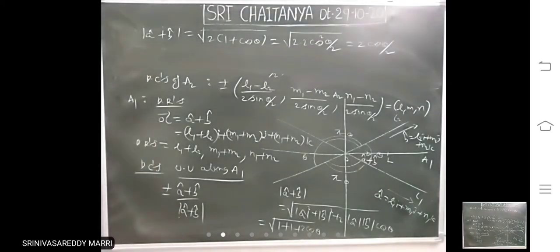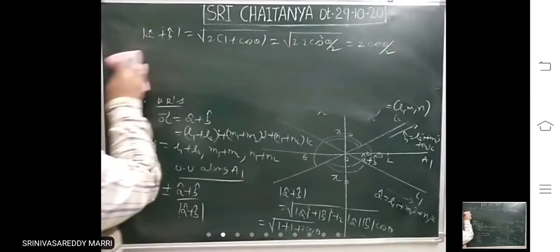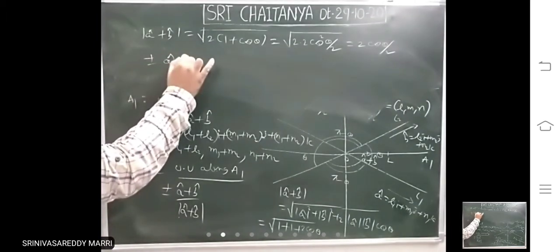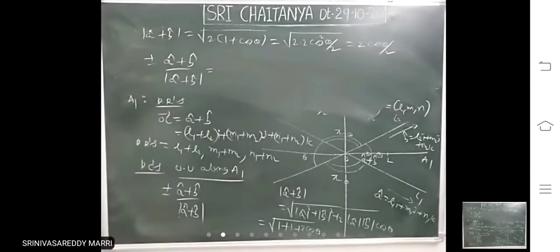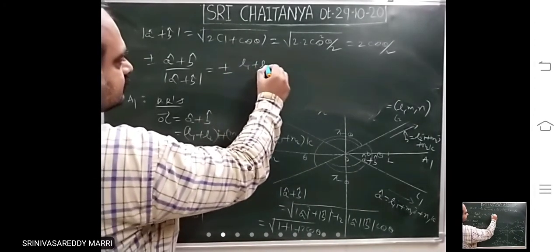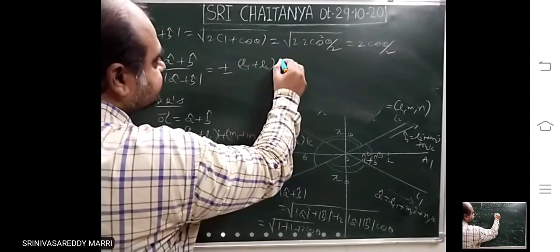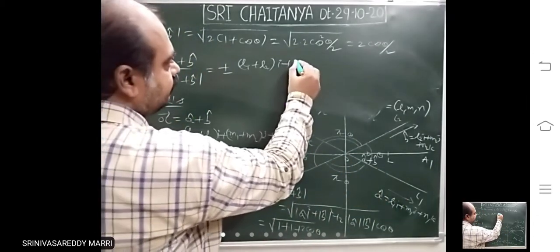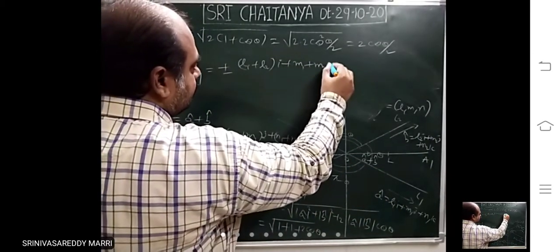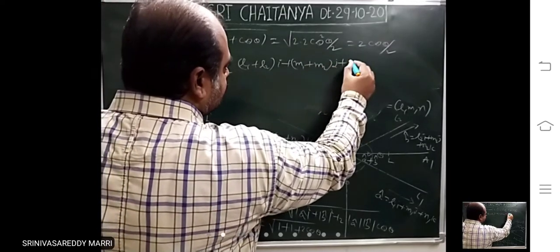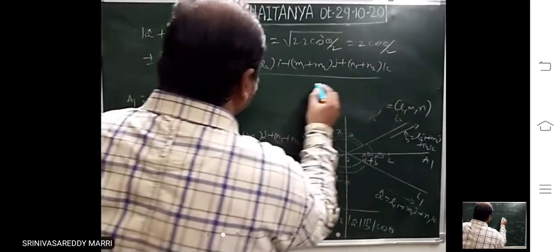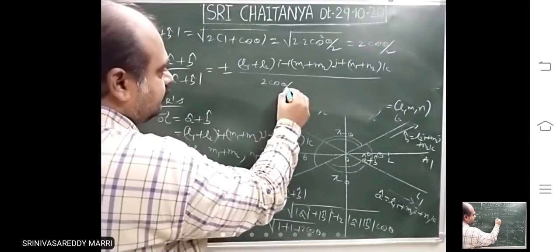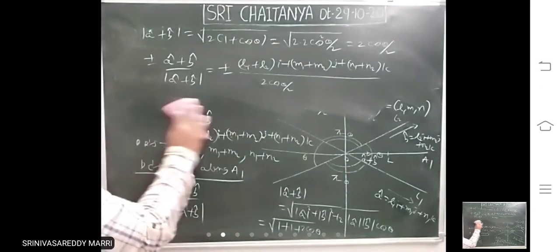Now look at the DCs: equal to plus or minus (A cap plus B cap) divided by 2 cos theta by 2.